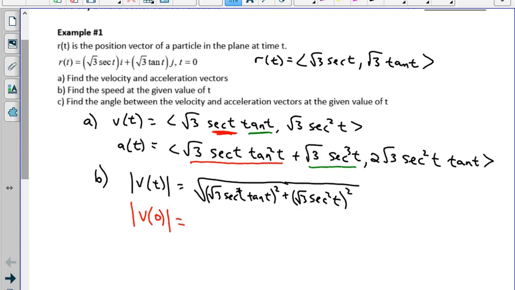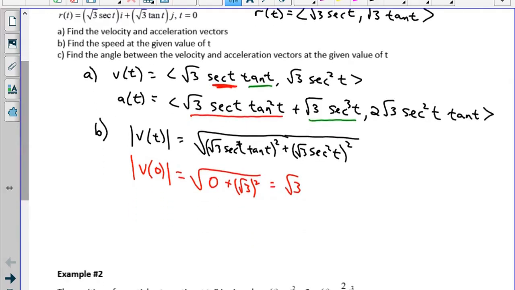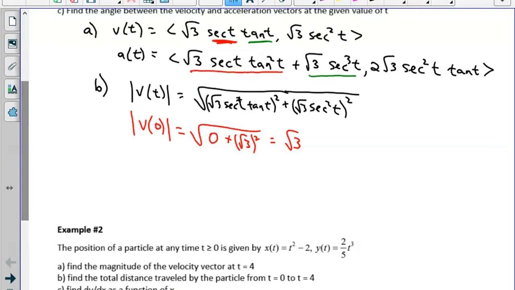So when we end up doing this with 0 in there, we get the square root of 0 plus root 3 squared, which just ends up being square root of 3. Notice that means you have to know that secant of 0 is 1 and tangent of 0 is 0 in order to do that problem. Secant of 0 is 1. I can't remember if I said that, but secant of 0 is 1 and tangent of 0 is 0.